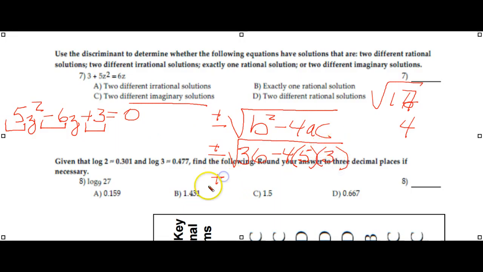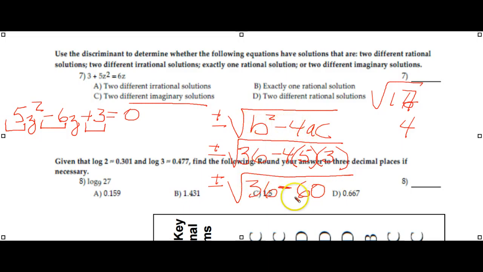So this will be plus or minus the square root of 36 minus 20 times 3 is minus 60. So what will you have left under the radical sign? You're going to have a negative value.